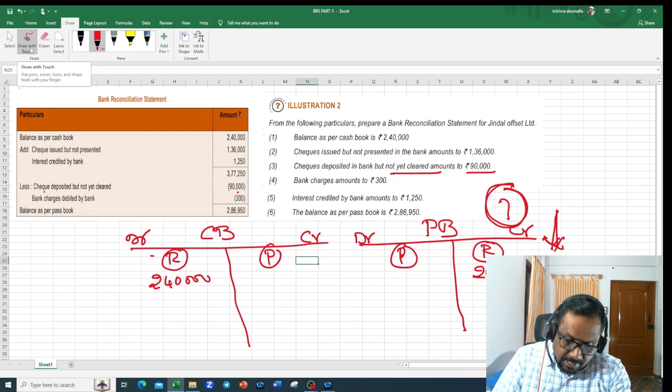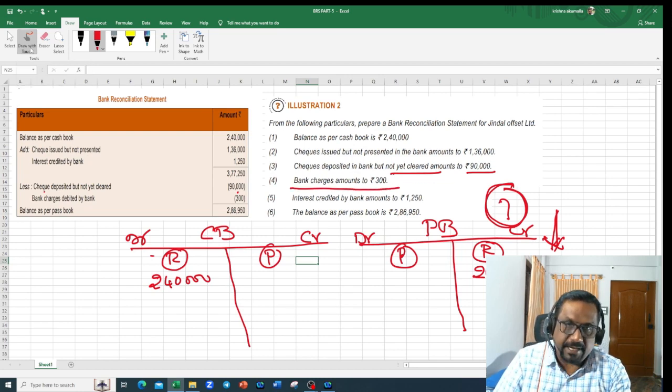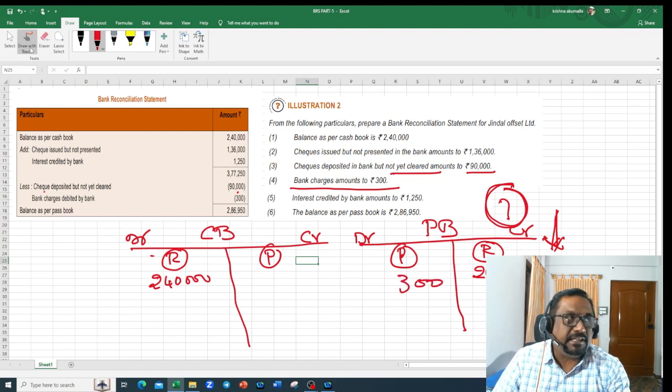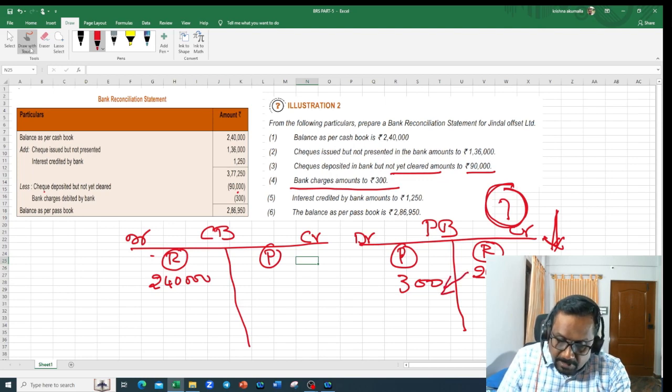The next point. Bank charges amounts to 300. Bank charges are debited by the banker. So what they did, they debited 300 here. Because they debited 300, the balance is reduced. One debit and one credit. 2,40,000 minus 300.